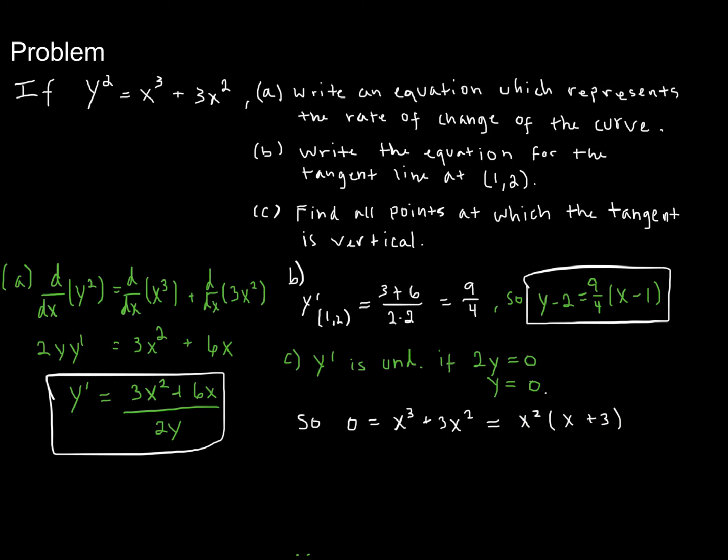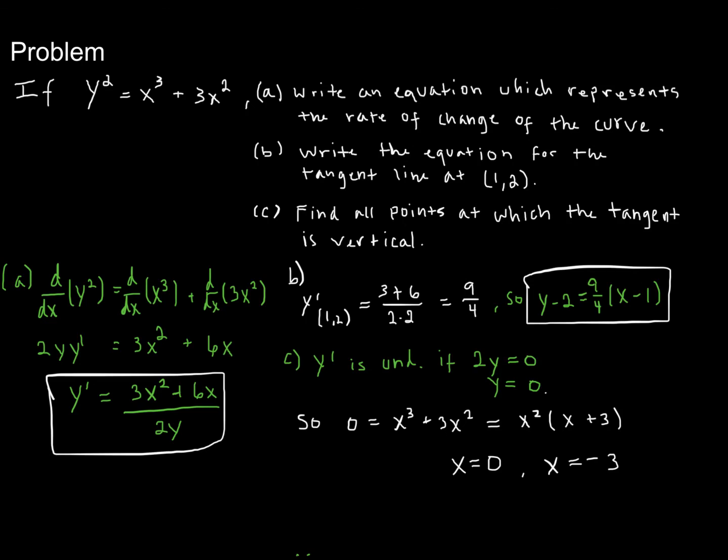And then I can look at each factor independently. So what will make x squared 0 is when x is equal to 0, and what will make x plus 3 0 is when x equals negative 3. So now I know two x values at which y is 0. And so that will give me 2 points at which the tangent is vertical.